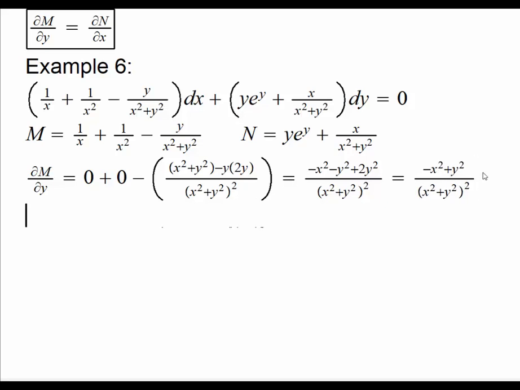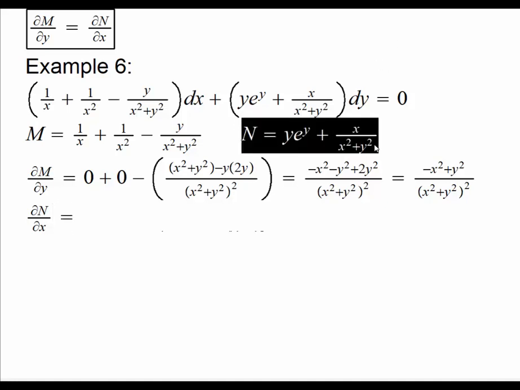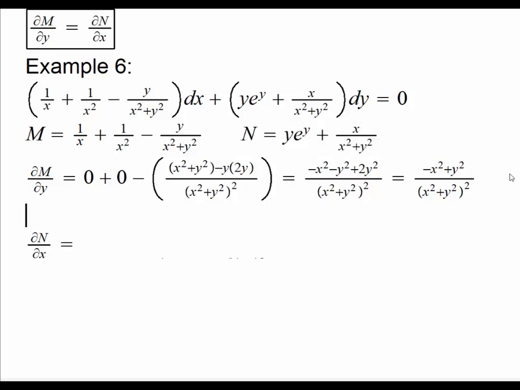Now let's look at dN/dx, and I'm just going to talk you through this because it's pretty similar. N is this quantity. Let me rewrite it here. We are differentiating with respect to x, so the derivative of this part would of course be 0.